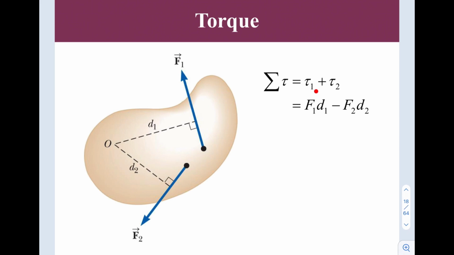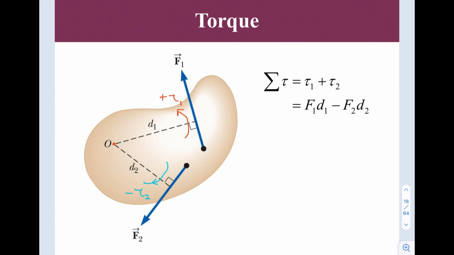Then for the torque due to F1, if we see here, this is our axis of rotation. The possible rotation due to F1 is going to be like this, which is torque 1, which is counterclockwise, so it's positive. And the possible rotation due to F2 is this one.